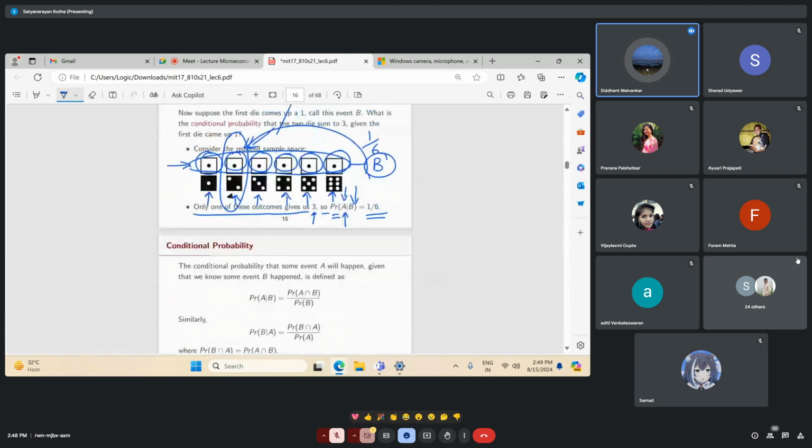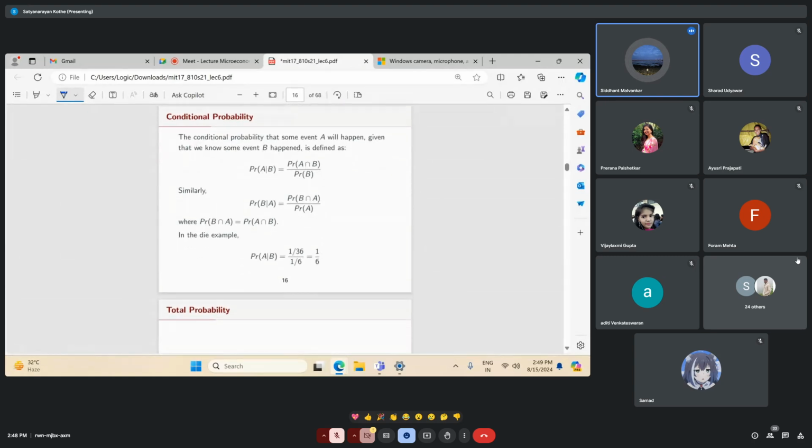Now this notion of conditional probability, if we understood, then the conditional probability that some event A will happen, given that we know some event B happened already, is defined as the probability of A given B has already taken place.